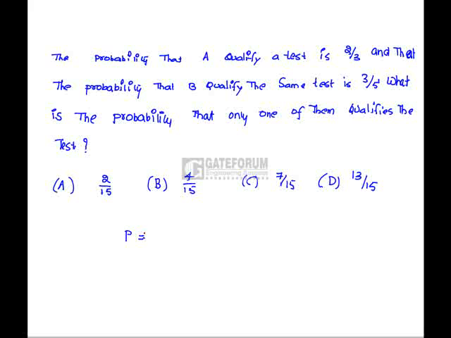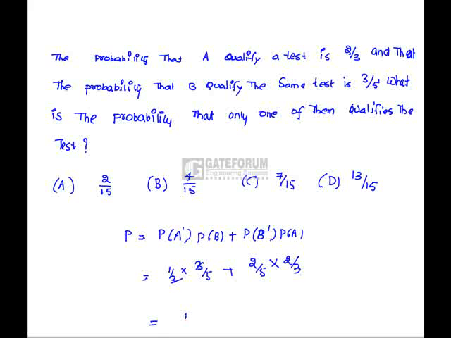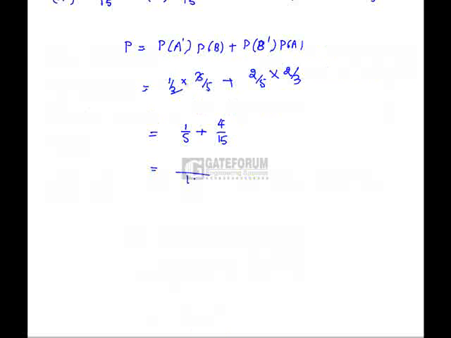Probability of only one of them qualifying is probability of A bar times probability of B plus probability of B bar times probability of A. Here probability of A bar is 1 by 3, so 1 by 3 into 3 by 5 plus 2 by 5 into 2 by 3, that is 1 by 5 plus 4 by 15, that is 7 by 15 is the probability. Hence option C is correct.